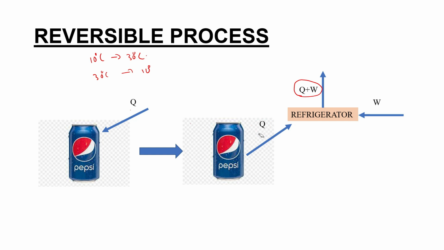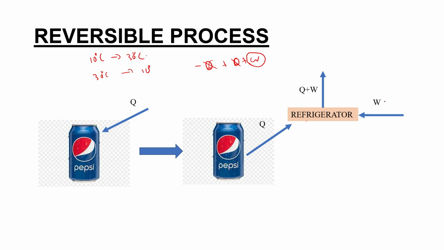But to reject this heat, you need a refrigerator which needs work W, and it will release a heat Q plus W. So what is the net change in the surroundings here? Initially it takes in heat Q and then it rejects heat Q plus W. The Q will get cancelled, but this W, this heat energy, is supplied to the atmosphere. That means it will leave a trace in the surroundings. So there is a change in the surroundings.